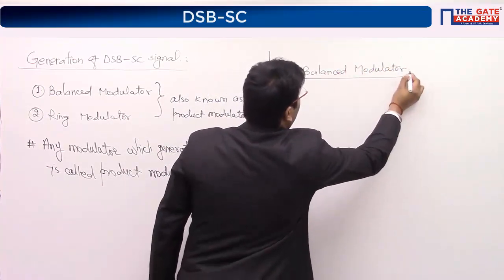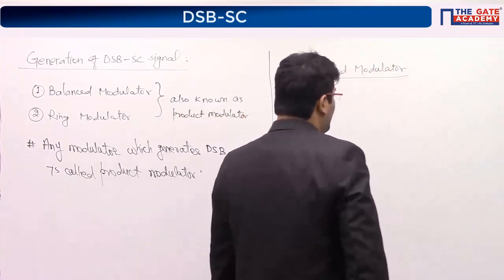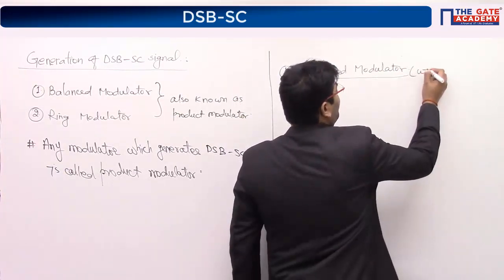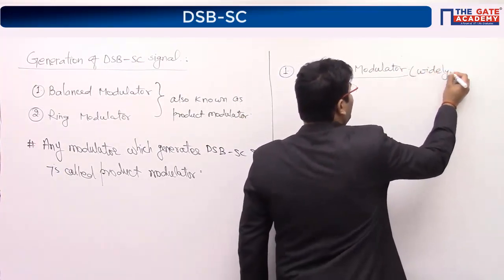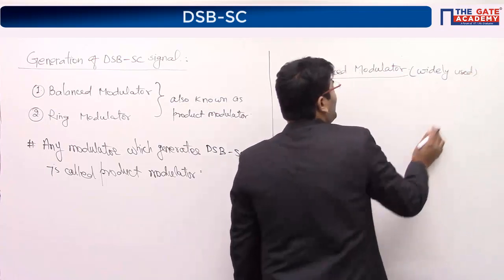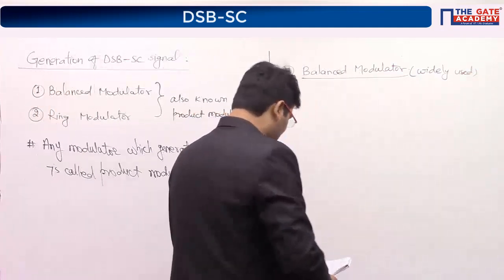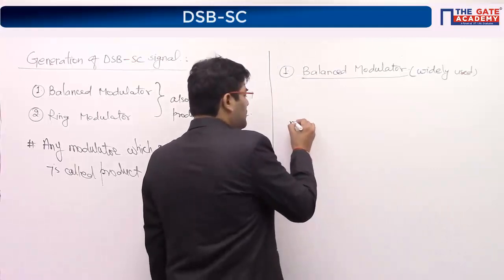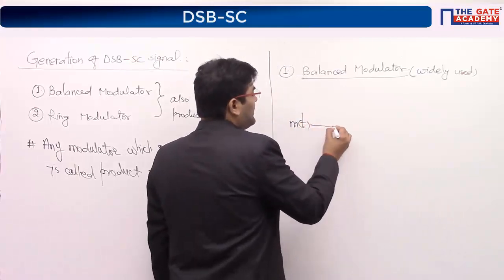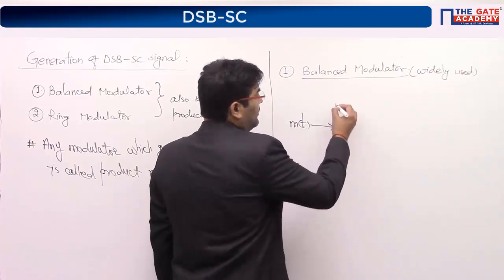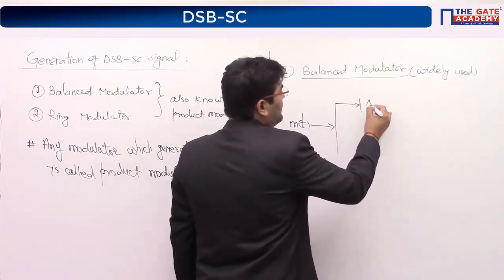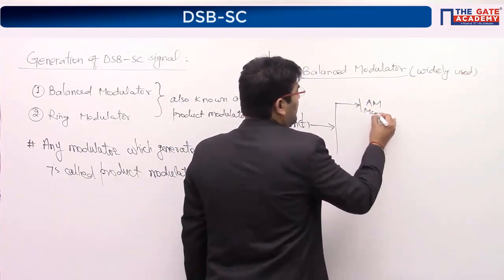Guys, the balanced modulator is most widely used. I will explain later, when I am done with the ring modulator, why this is most widely used. Wait for that time. Let me draw the block diagram. So this is your message signal going here, and it enters the first AM modulator block.